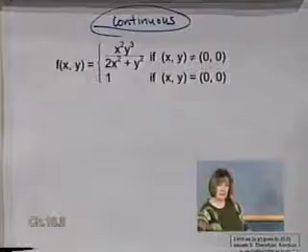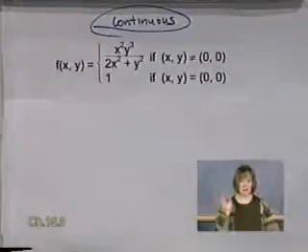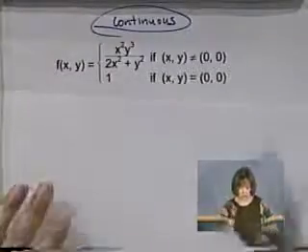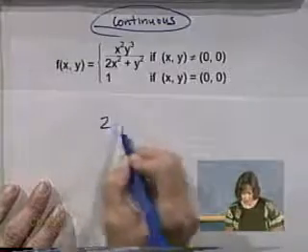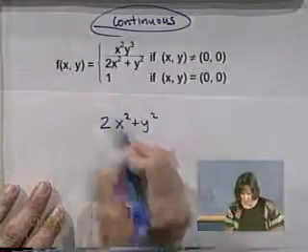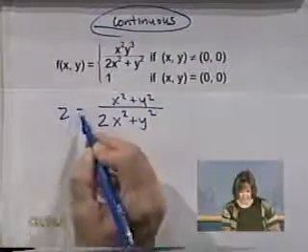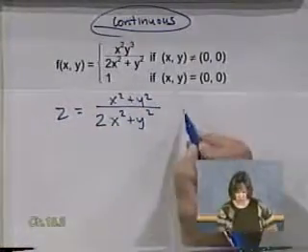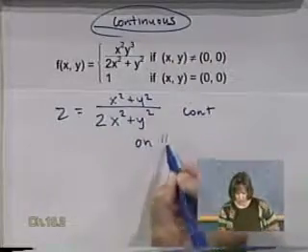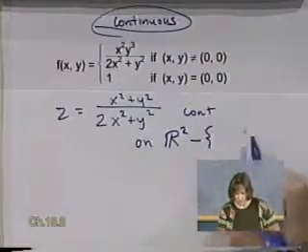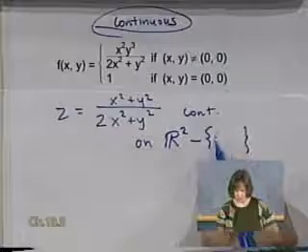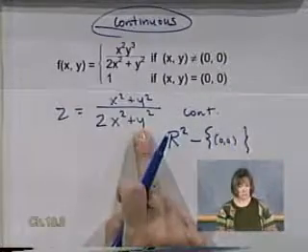Take the limit, huh? Now notice, a rational function is continuous on its domain. This rational function, 2x squared plus y squared over x squared plus y squared, if I just had z equals that, this function's continuous on the whole real number line except what value? 0, 0. That's right, because you'd have to put a 0 here and a 0 here to get 0.